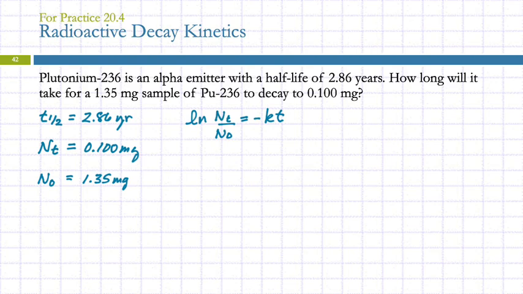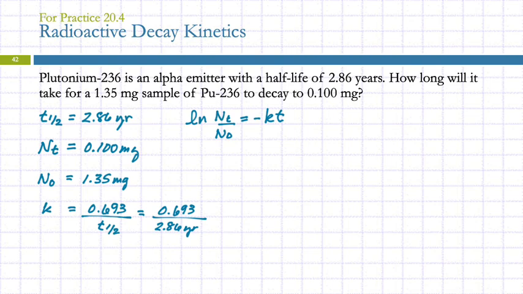Can we calculate the rate constant from the half-life? Yeah, we can. T1/2 equals 0.693 over the rate constant. Or we can rearrange that, and the rate constant equals 0.693 over T1/2. So 2.86 years.